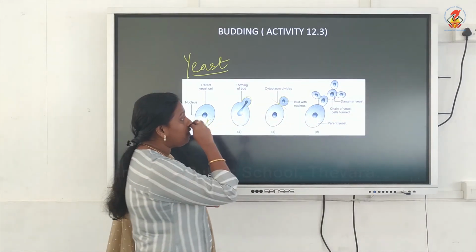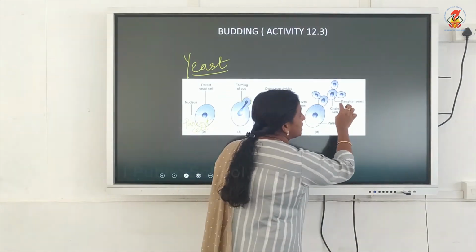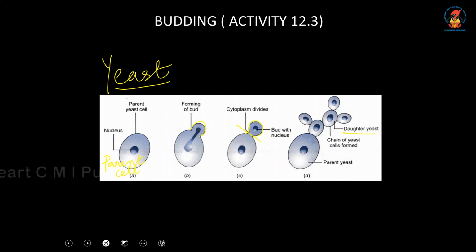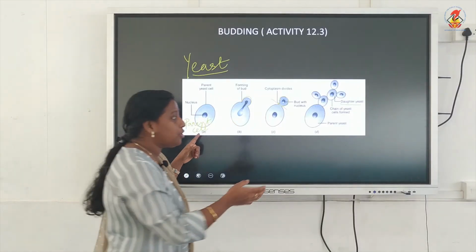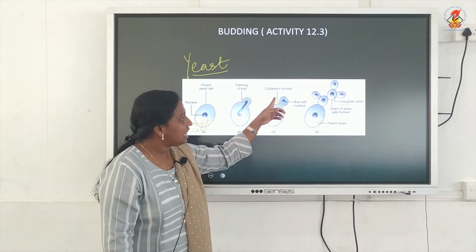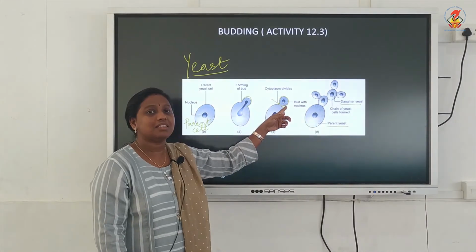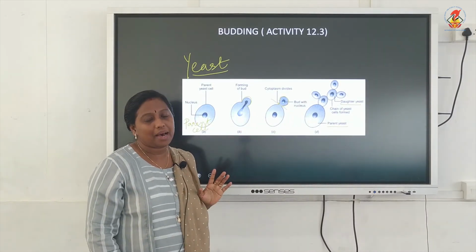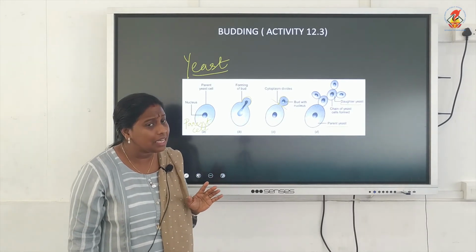The newly formed bud, you call it the daughter yeast or the daughter cell. And the other one on which the bud is produced, you call it the parent yeast or the parent cell. So finally a bud with a nucleus is produced on the body of a parent cell. Clear?